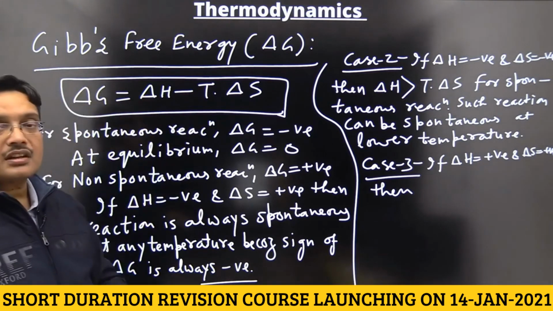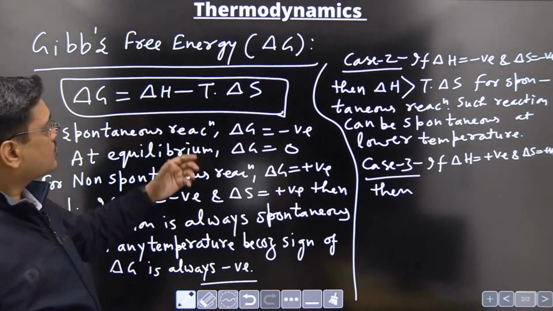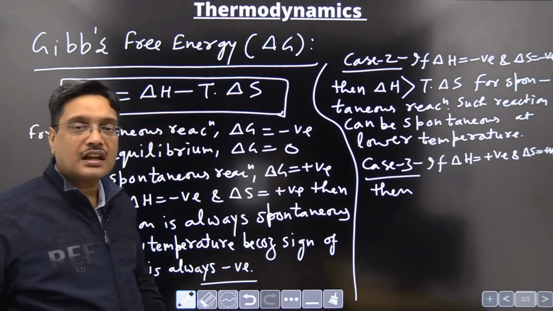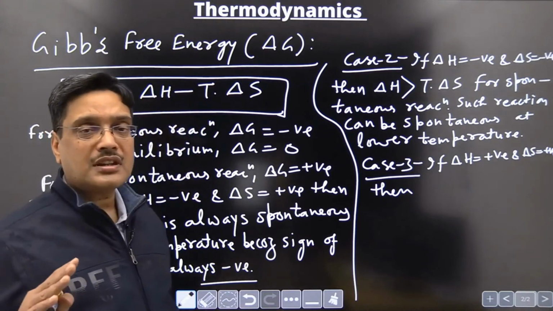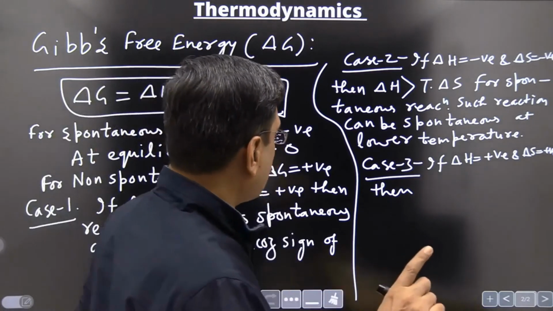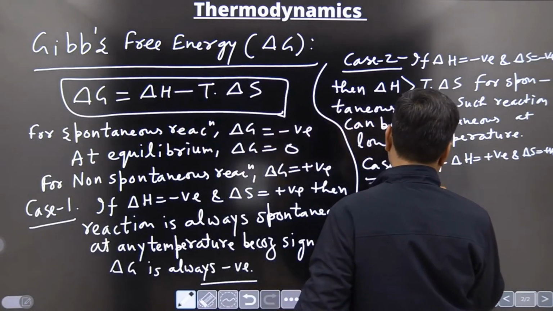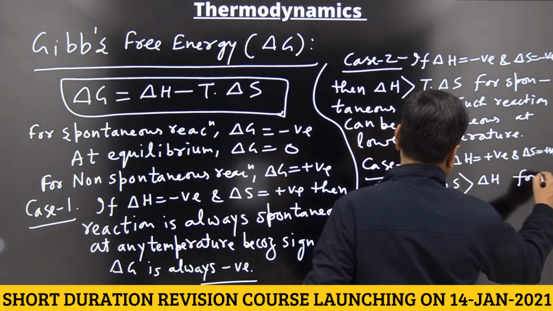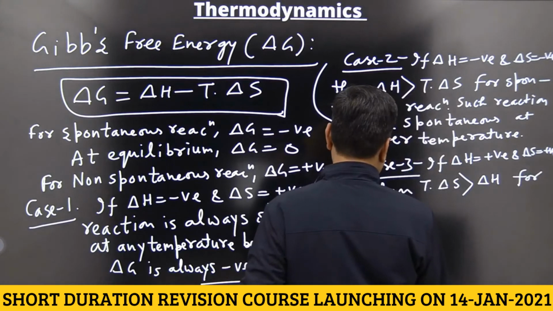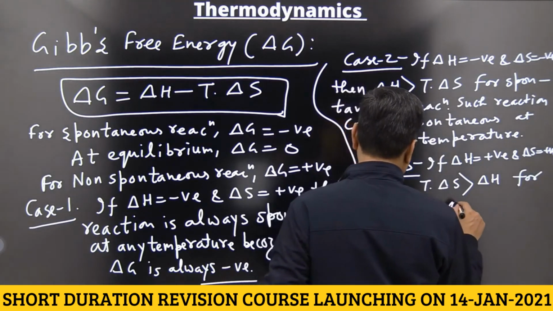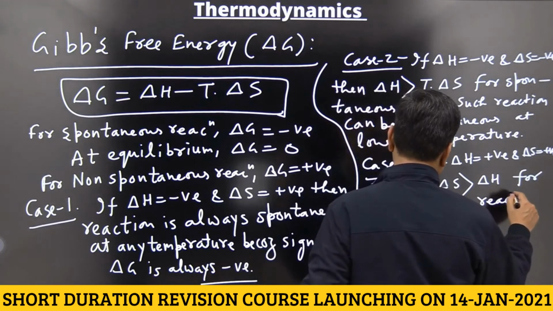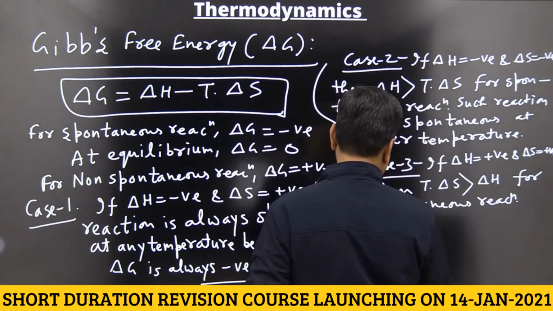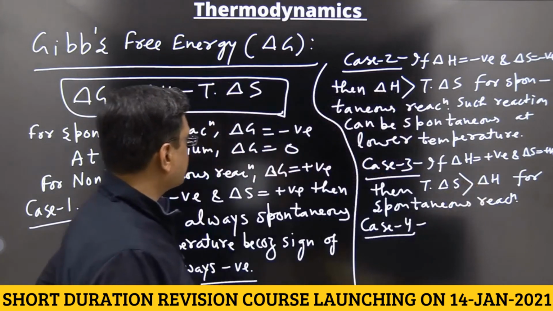For a spontaneous reaction, delta G must be negative, so the magnitude of T into delta S must be greater than delta H. Such a reaction can be spontaneous at higher temperature. So you can decide at what condition a reaction becomes spontaneous.